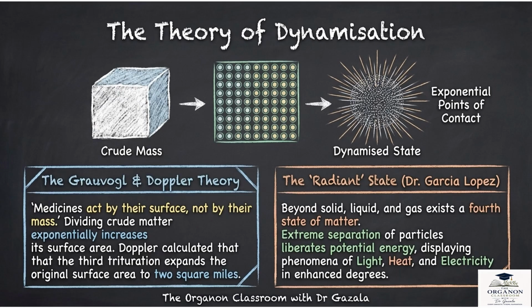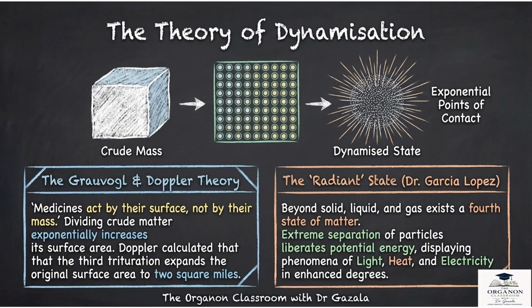According to this theory, something more than simple dilution is happening. The Graf, Gall and Doppler theory proposed that medicines act not simply according to their mass but through the surface and points of contact. As matter is progressively divided, the available surface area increases dramatically, leading to what they described as a progressively dynamized state.